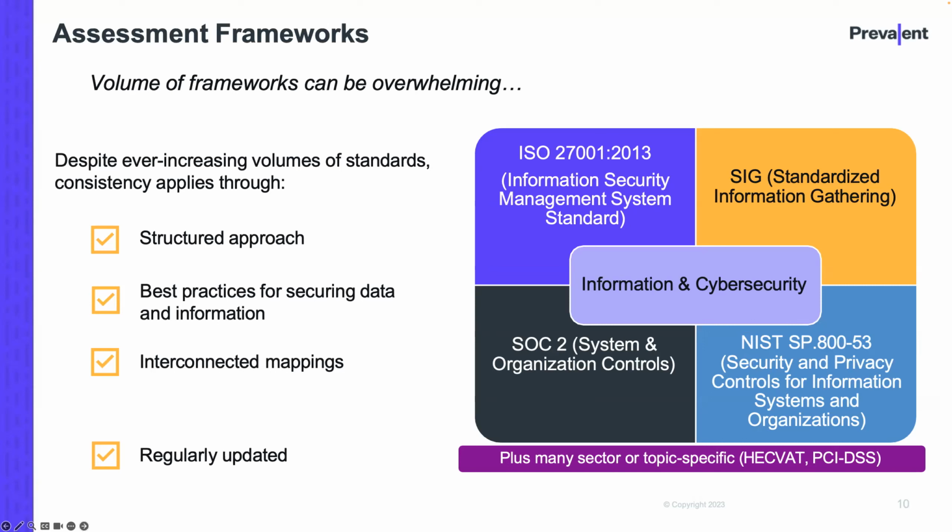Perhaps not surprisingly, and this is increasing, is the level of interconnected mappings between these frameworks. So looking at the 27001 and particularly the new version of the standard, there's a stronger link between what ISO says and what NIST says in its 800-53 framework. And we see that similarly across the likes of SIG related to ISO and SOC and NIST respectively.